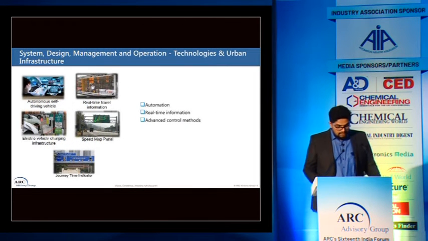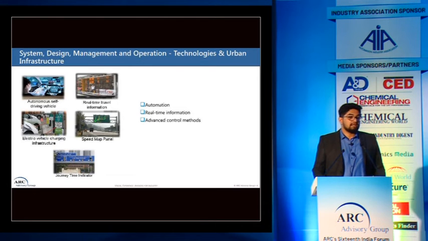The technology and urban infrastructure factor includes automation of the smart city, providing real-time information to people for better travel information, and advanced control methods. Examples include autonomous self-driving vehicles, real-time information in buses and trains, electric vehicle charging infrastructure, and speed maps and journey time on signboards.